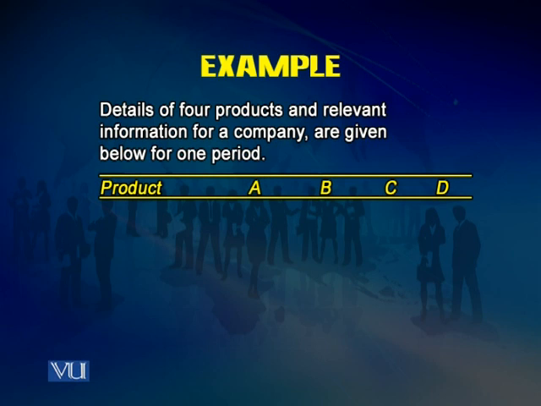So, for one period, 4 products A, B, C, and D, we have been given that output in units is 120 for A, 100 for B, 80 for C, and 120 for D. These are the number of units being produced.